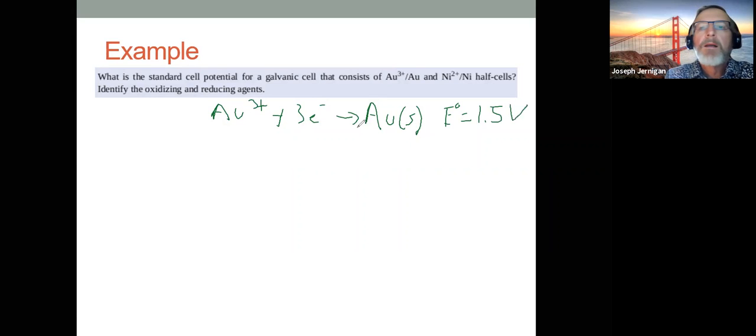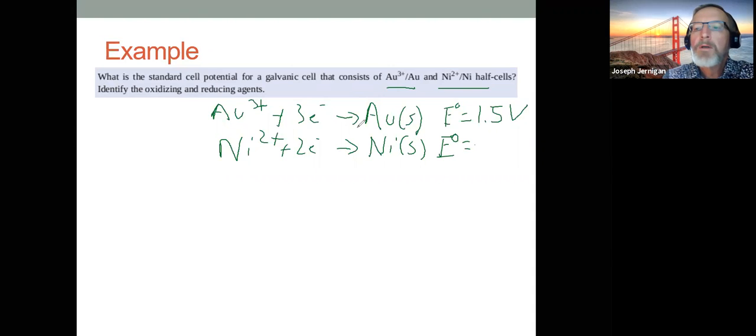That's the gold one, and then the nickel one would be nickel 2+ plus 2 electrons going to nickel metal, and its E0 is equal to minus 0.257. I should have rounded that to 0.26 for consistency. I apologize for not doing that.